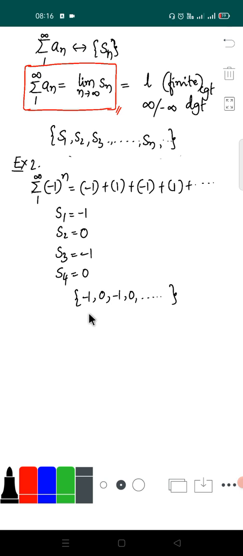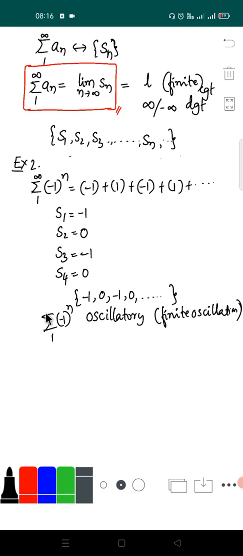So this sequence is called oscillatory, and it is a finite oscillation. So the series, the summation of minus 1 whole to the power of n from 1 to infinity, oscillates finitely.